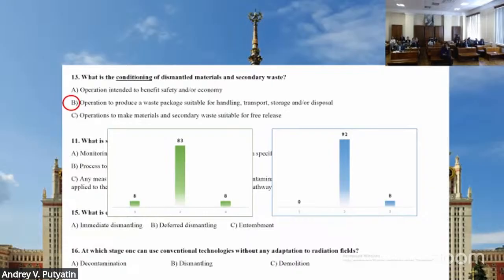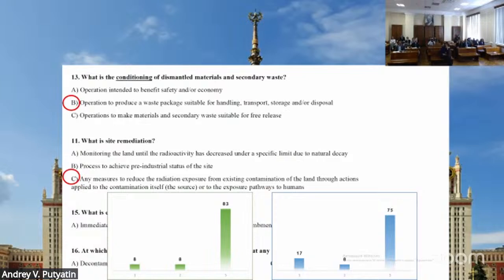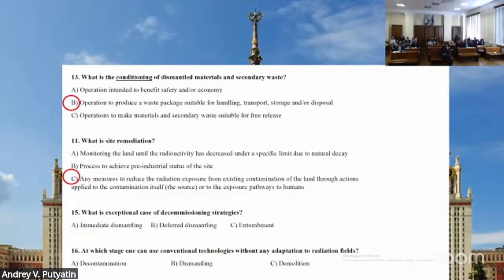So again, quite a lot of correct answers and even progress. What is site remediation? Here it was a bit strange results, because in the beginning there were more correct answers than after the school. I'm not sure why it was so, but we remember that it is to reduce the radiation risk from the contaminated area.